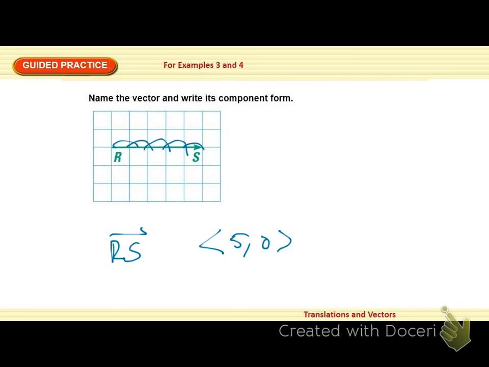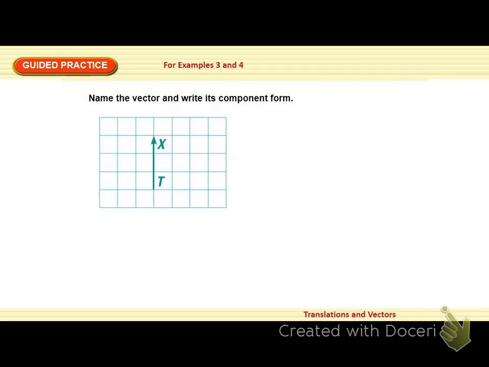Because it doesn't go up and down at all. How about this guy? So vector TX, and it has component form 0, 3, right?